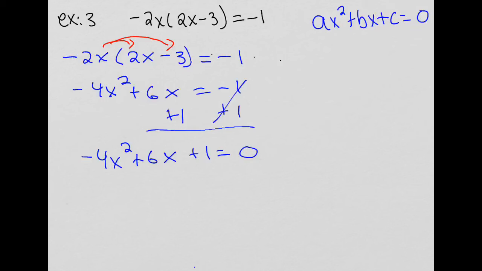Now, if you want your coefficient to be completely in standard form, meaning the coefficient of the first term is positive, you can divide by negative 1. But in this case, that will not change our answer, so we're going to leave it. Now I go back, and again, the more I write my formula, the more I will know it. This is the expression to use to determine the discriminant.